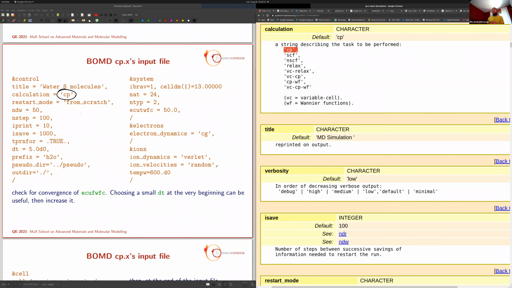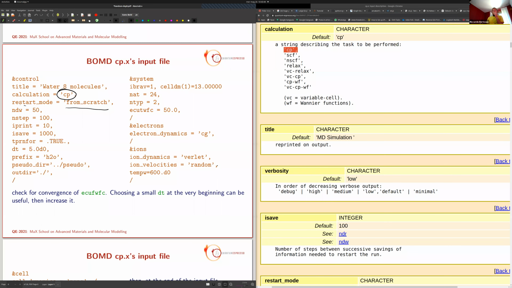Then we have to tell the code that we are starting from scratch, because later we will also use the restart files that the code will write on the file system. It is common with Car-Parrinello to start from previous runs with the same code. So this later will not be from scratch, but something else.